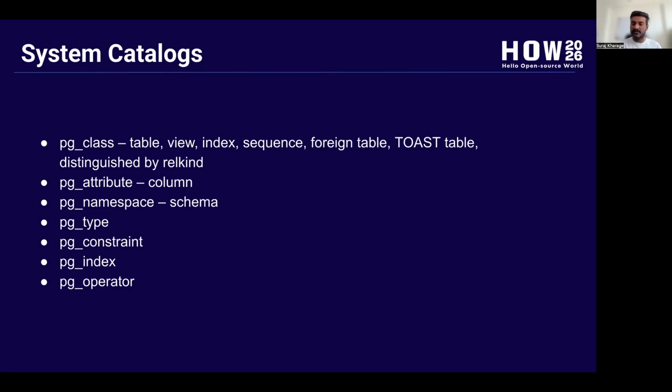Again, this is one example where the object name doesn't match the catalog name. pg_namespace stores the information about schemas. pg_type, pg_constraint, pg_index, and pg_operator are self-explanatory catalog tables. We store objects of these types, constraints, indexes, and operators respectively.